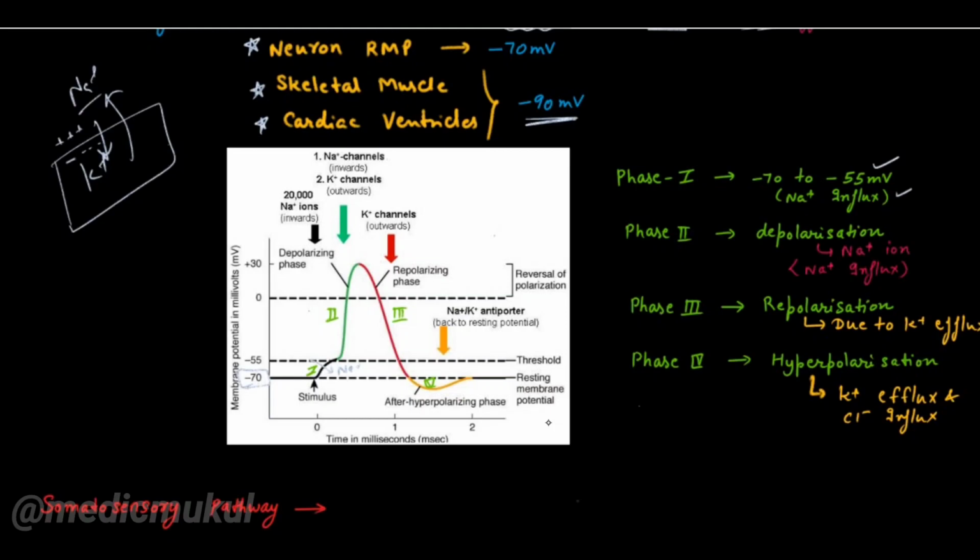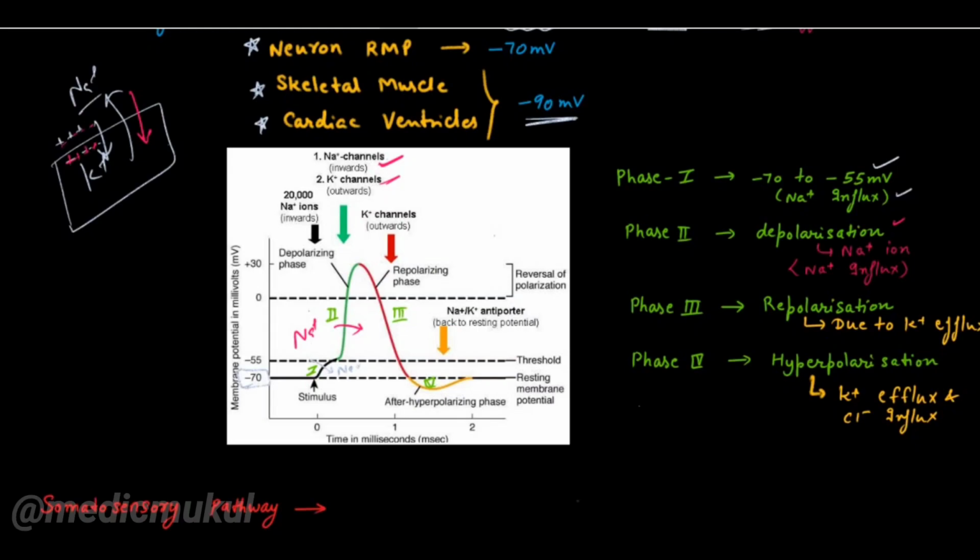We call this the depolarization phase, from minus 55 to plus 30 millivolts. In phase 2, the sodium channels let sodium in and the potassium channels let potassium out, making a positive charge inside and a negative charge outside.